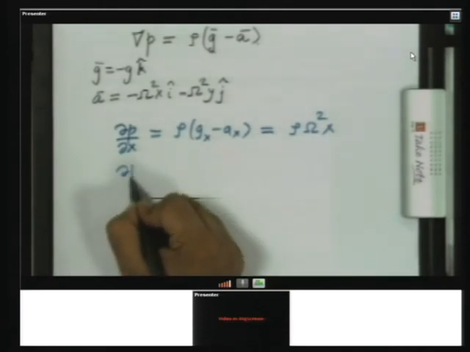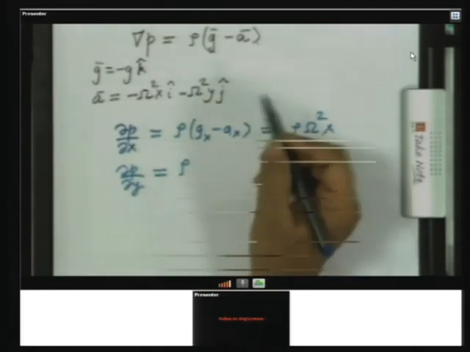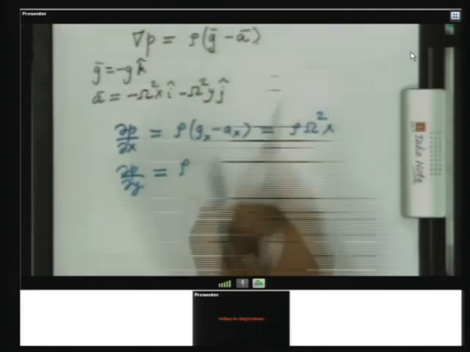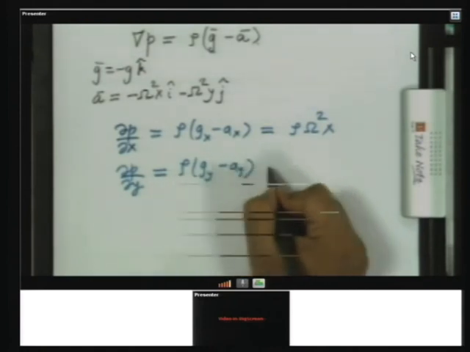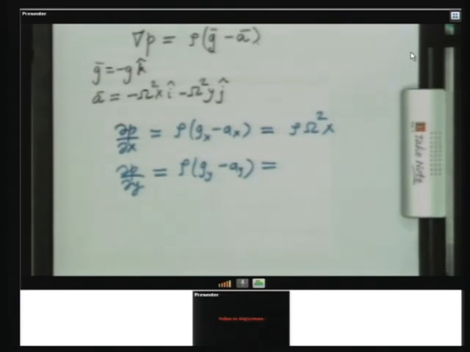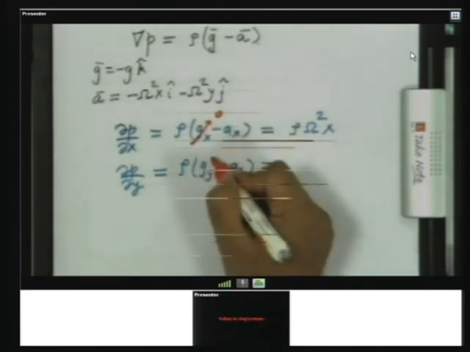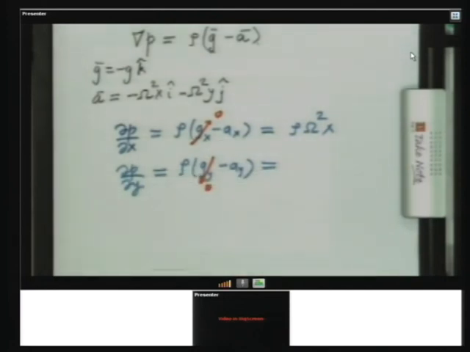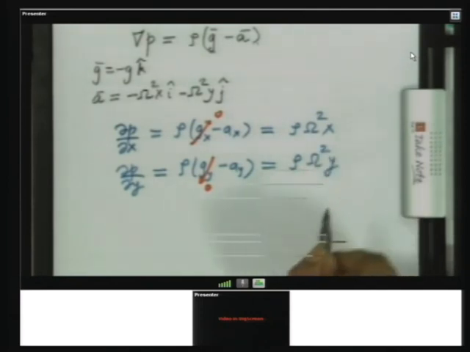Similarly, if you look at del p del y, that is going to be rho times the y component of g minus a. So, that is g y minus a y, and once again g y is 0, and minus a y is omega squared y. So, this is rho omega squared y.